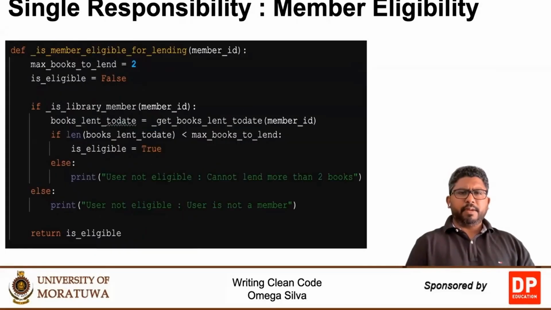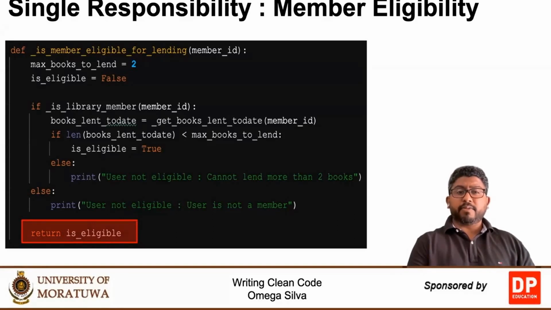What you see on the screen is a new function that we have created by extracting the piece of code which did the member validation or checking the member eligibility. As you can see, since this is a function, this returns something out. So it is as if the function is member eligible for lending.